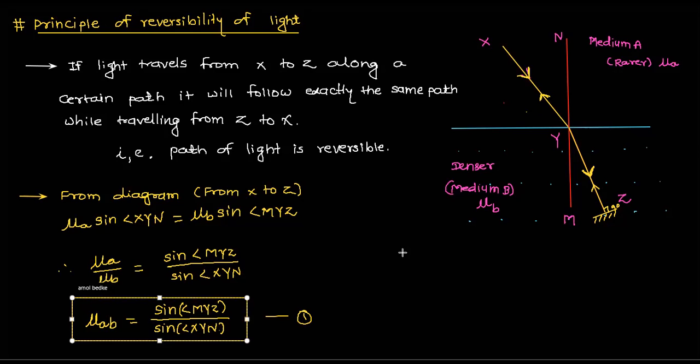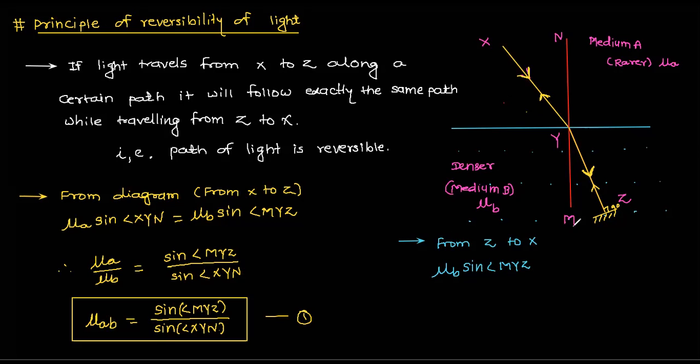Next now, you see from Z to X. What will you get? Mu B sine of angle M Y Z, right? From Z to X, what you are getting?